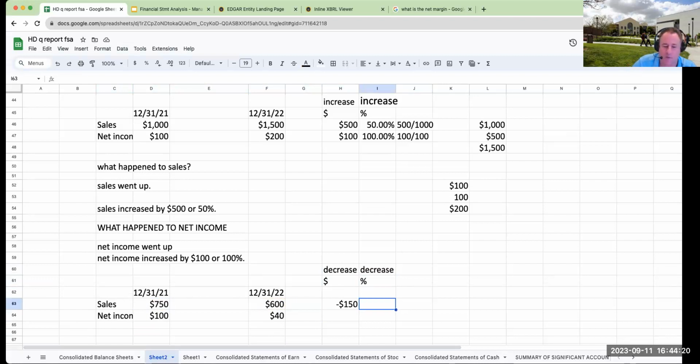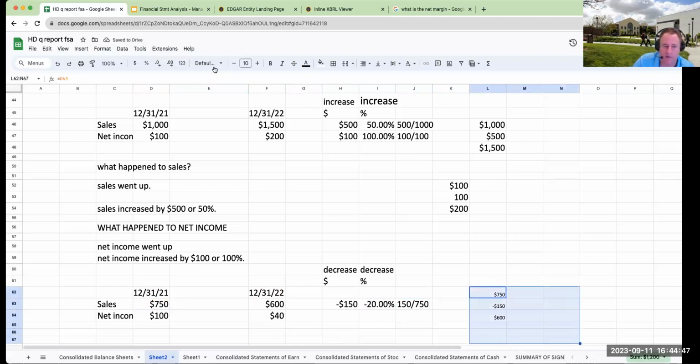My decrease as a percentage: I'm going to take this 150 and divide it by the original amount. In this case, this is going to be roughly 20%. This is 150 divided by 750. How do I know I'm correct? Well, if my original amount was 750 and it's decreasing by 20%, my new amount for sales is going to be 600, right?